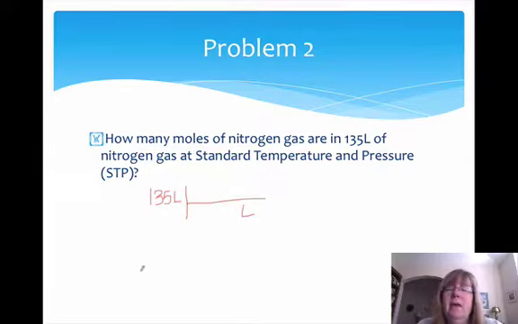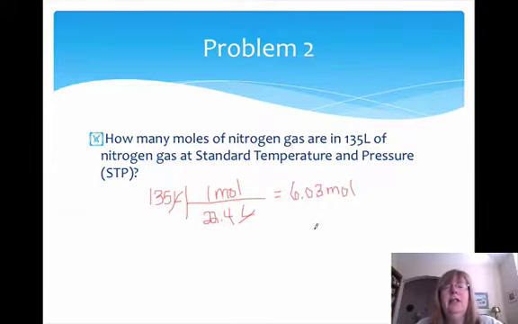It's given to you in your reference packet: 1 mole has a volume of 22.4 liters. Now see our liters have canceled, you take 135 divided by 22.4, and we get 6.03 moles to 3 significant figures.